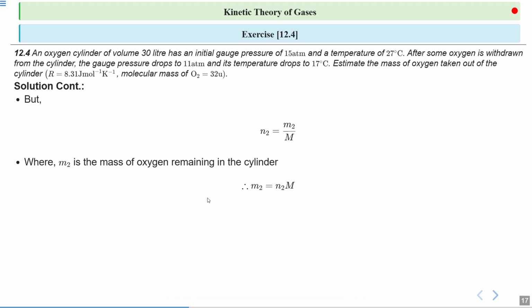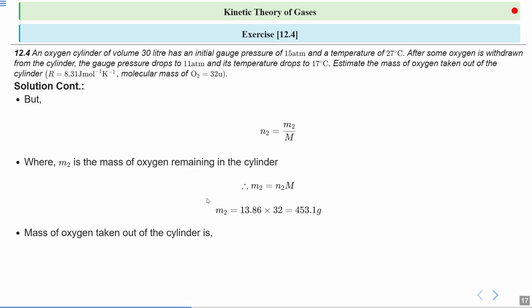So we can express M2 as N2 times M. Substituting the values, we find that M2 equals 13.86 into 32 gram per mole, which gives us 453.1 grams.